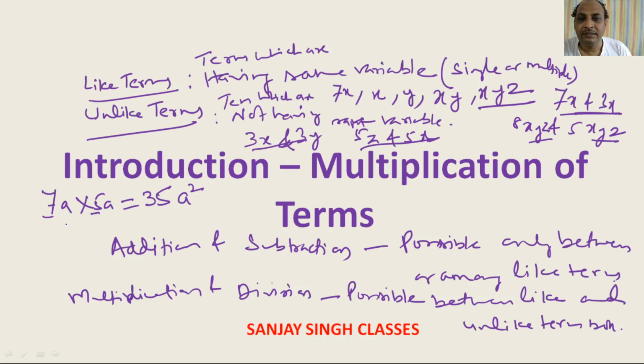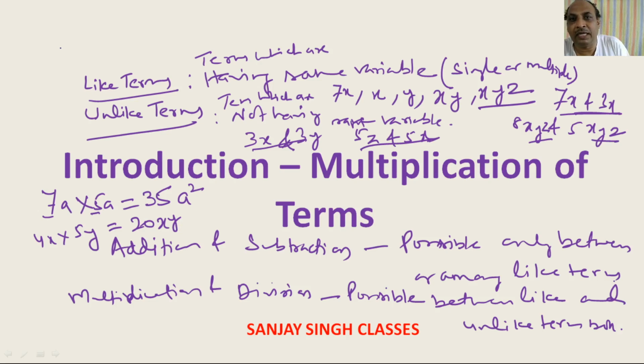Okay, 7a into 5a is equal to 35a square. Similarly, if we are given 4x into 5y, it will become 4 into 5 as usual, so 20, and then x into y. x is different, y is different, so we will write xy. Generally, no multiplication sign is placed between the variables.